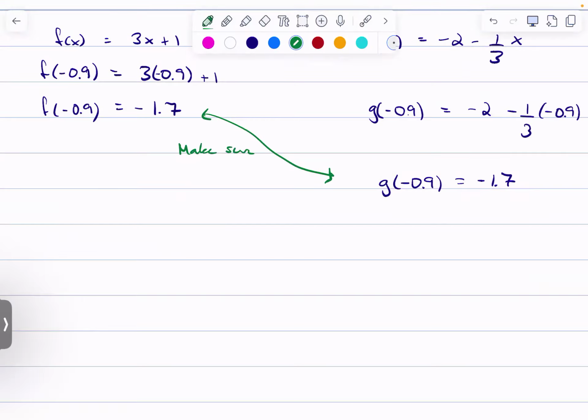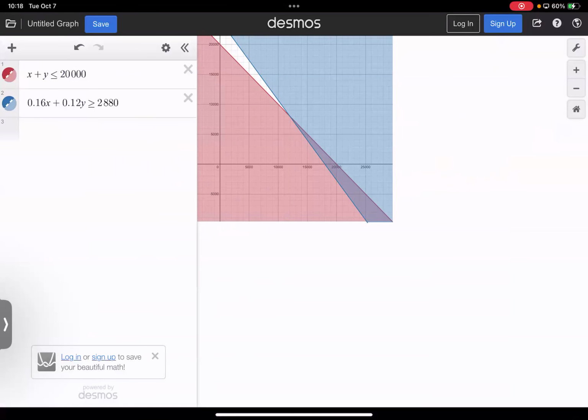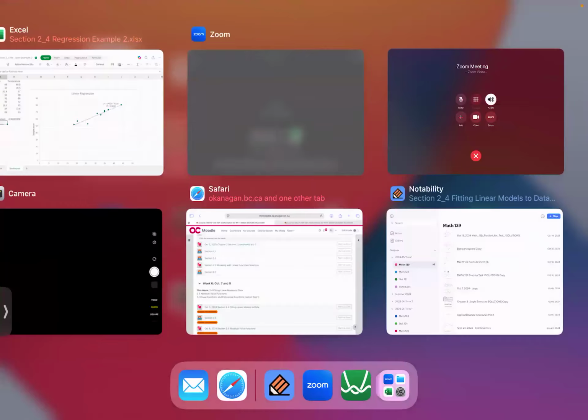Make sure they are the same. It says sure, which they are. And can use Desmos. Oh, it keeps doing this weird thing where I have to restart it.